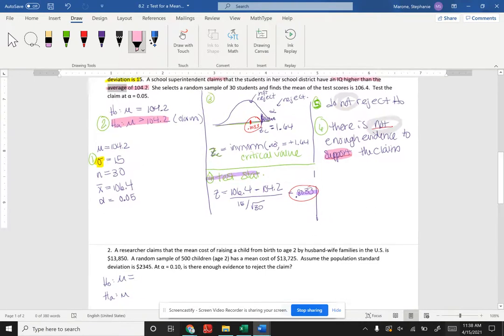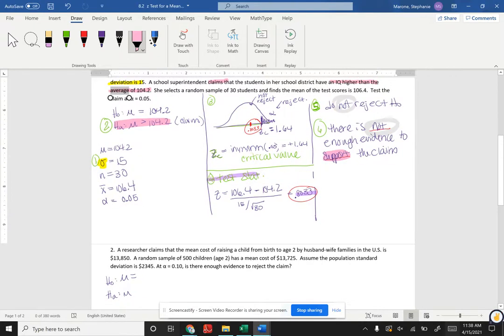In the one above, it was higher than, so here it claims that it is 13,850. So the null hypothesis is the claim. Then the other one is always going to have that same number. Since there's no greater than or less than, it's going to be not equal to.